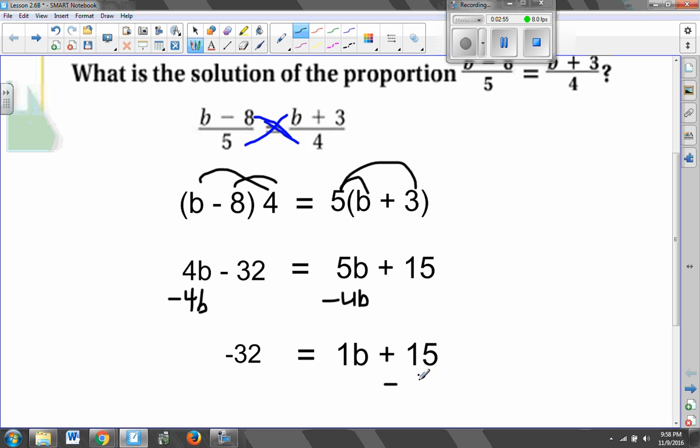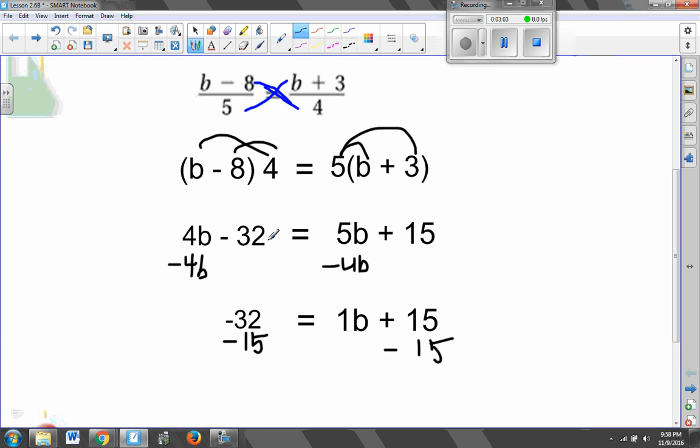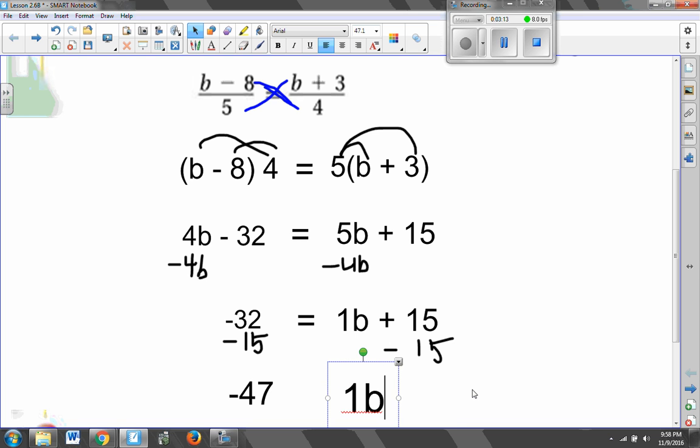And now I'll subtract 15 on both sides, because I want all of my number pieces away from all of my variable pieces. Negative 32 take away 15 more is negative 47. On the other side of my equal sign, I have just a 1b. The good news for me, though, is 1b doesn't even really need to have the 1 in front.